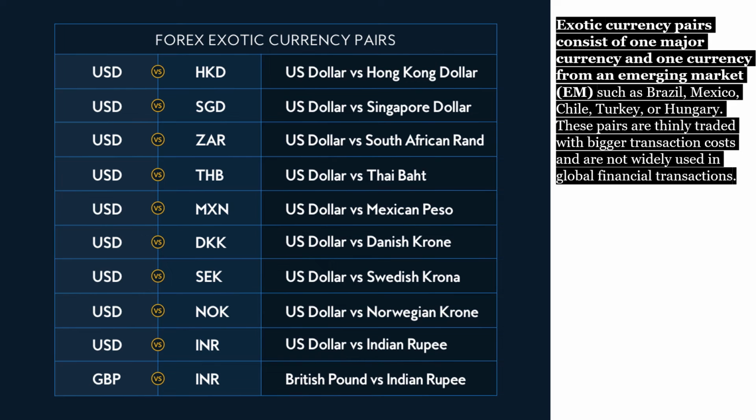Here is a list of Forex exotic currency pairs. Exotic currency pairs consist of one major currency and one currency from an emerging market, such as Brazil, Mexico, Chile, Turkey, or Hungary. These pairs are thinly traded with bigger transaction costs and are not widely used in global financial transactions.